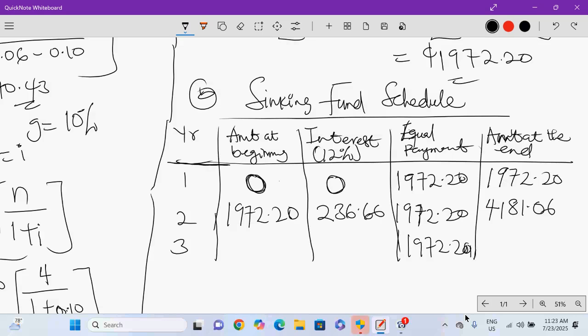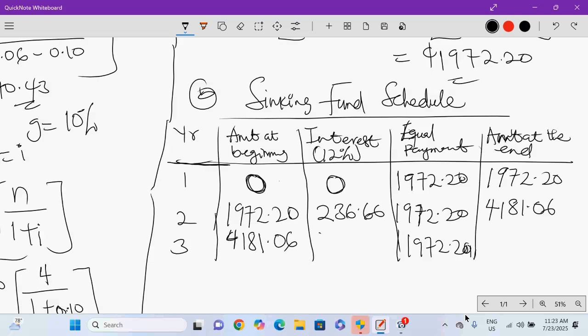Now we come to the beginning of year three, it's still the same amount. That's why in accounting we say that 31st December 2018 is the same as 1st January 2019. So the amount at the end of year two is the same amount at the beginning of year three, that is 4181.06.